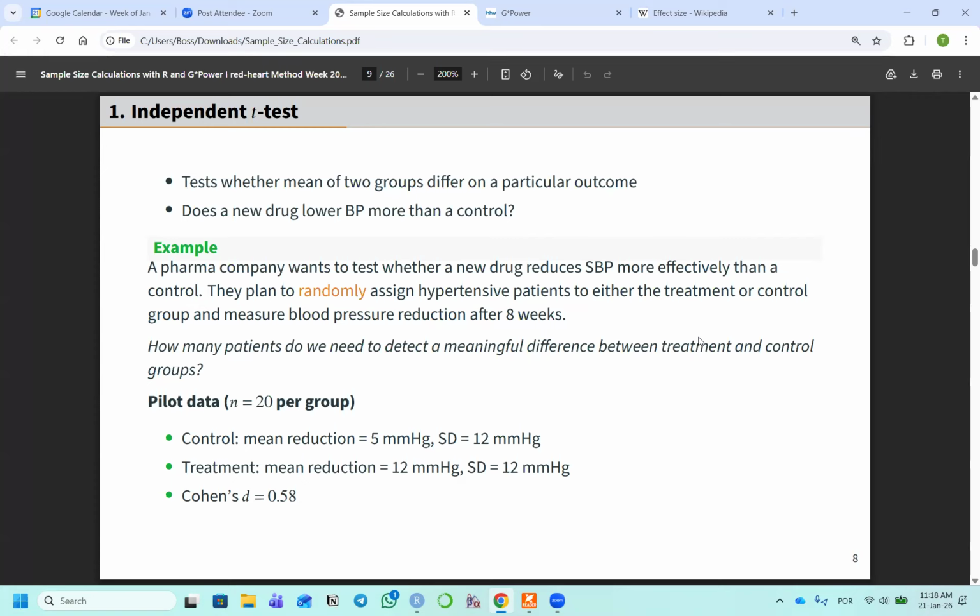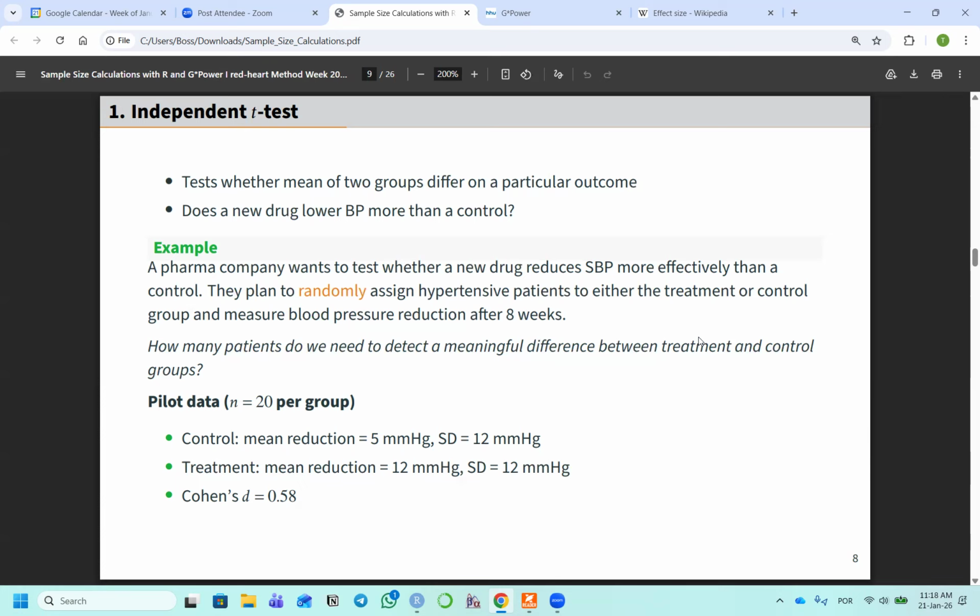I recruited just 40 patients, which is 20 for each group, and I calculated the mean for the control group as 5 with a standard deviation of 12, and the mean for the treatment as around 12 with the same standard deviation. This is very hypothetical, guys, and has nothing to do with reality. I came up with these numbers for the sake of demonstrating my example.